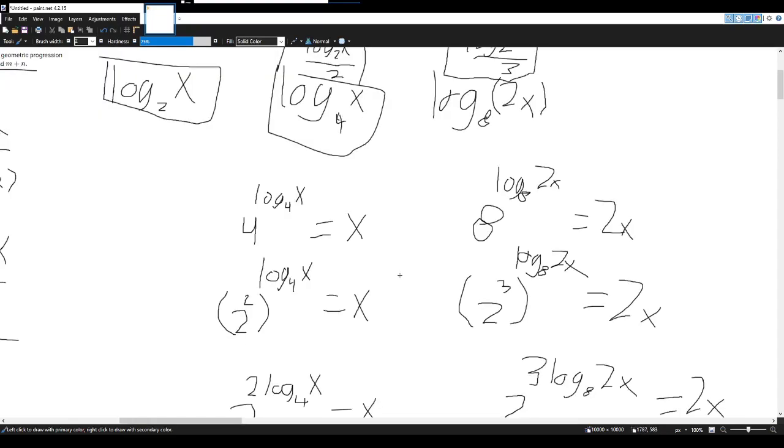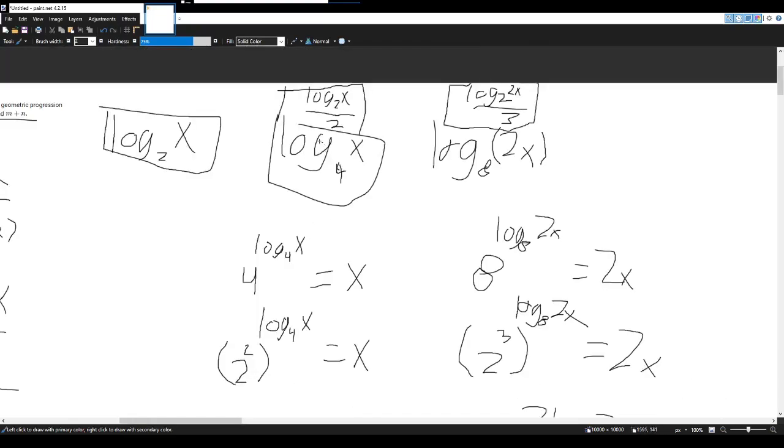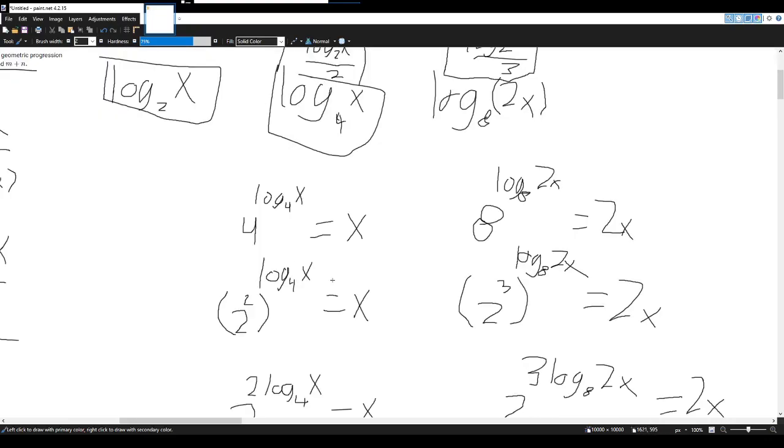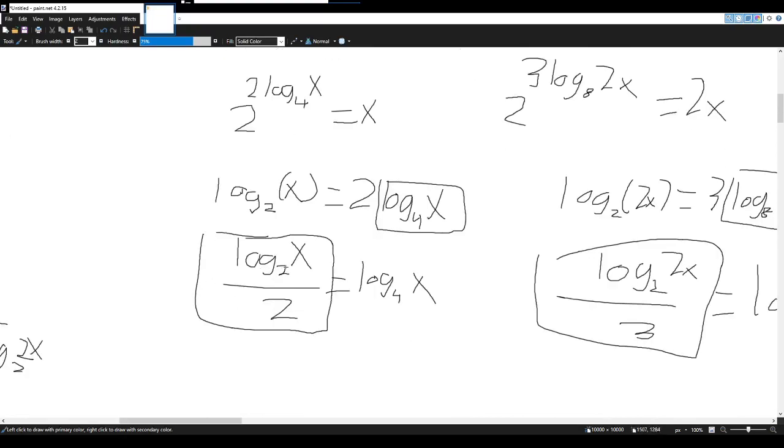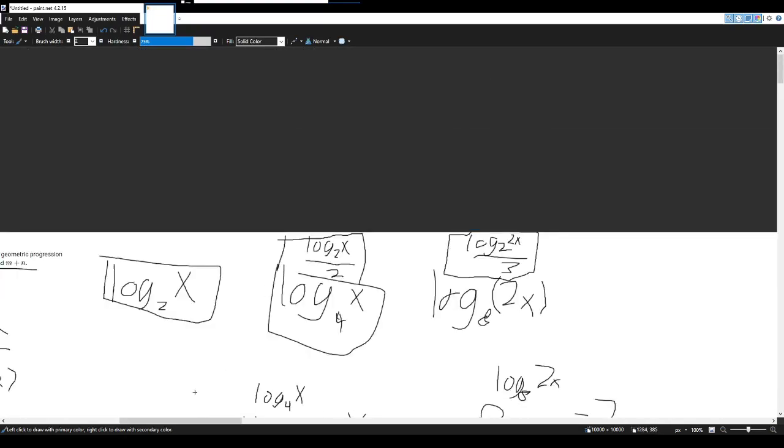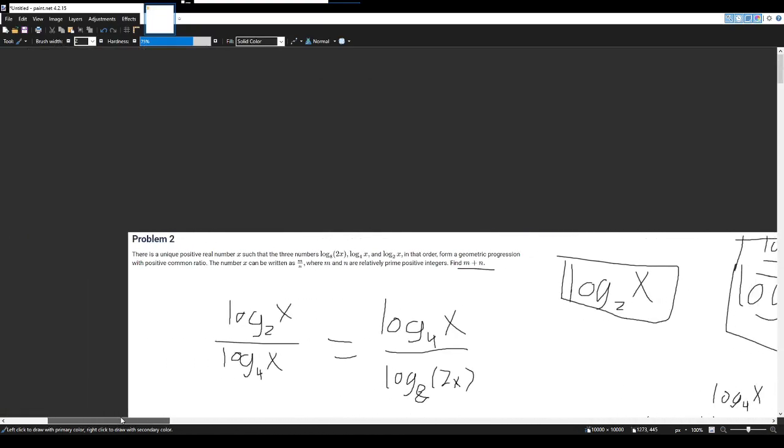This is the part that took me a while to get an understanding of. But it's helpful to remember logs are exponents, so you can always rewrite them as the base to the log expression equals whatever's in the log expression. And here that definitely helped us out because we were able to rearrange it and then solve for it in base 2. So I think that's going to be it for this problem.